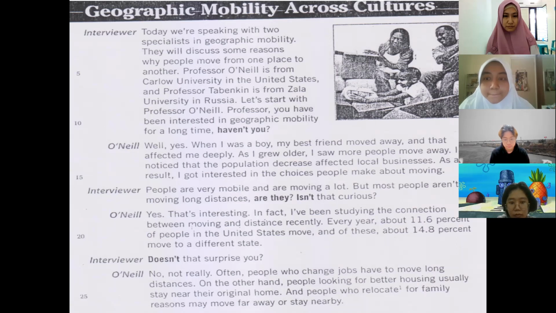In fact, I've been studying the connection between moving and distance recently. Every year, about 11.6% of people in the United States move, and of those, about 14.8% move to a different state. Doesn't that surprise you? No, not really.